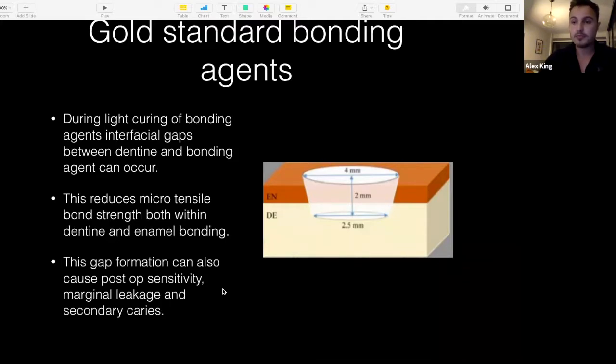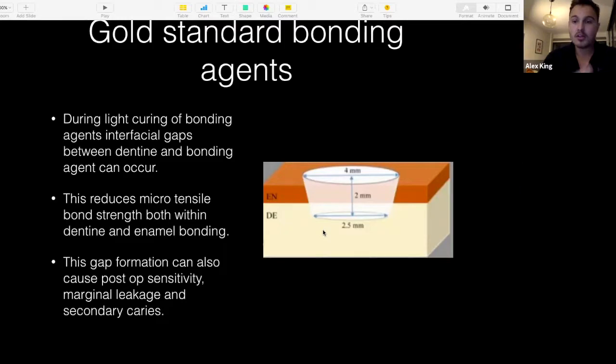And they found that with some bonding systems there was gap formation, between the dentine and the bond. Under electron microscope they'd see little air bubbles or little pulls away due to shrinkage in the hybrid layer. This would tend to happen between 7 to 14 seconds during light curing.